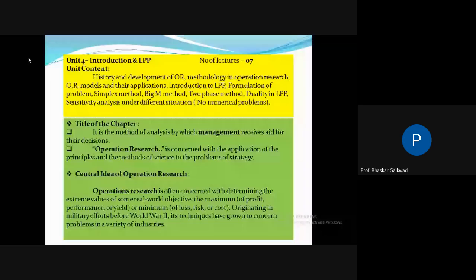Originating in the military efforts before World War II, operation research was first applied in World War II.